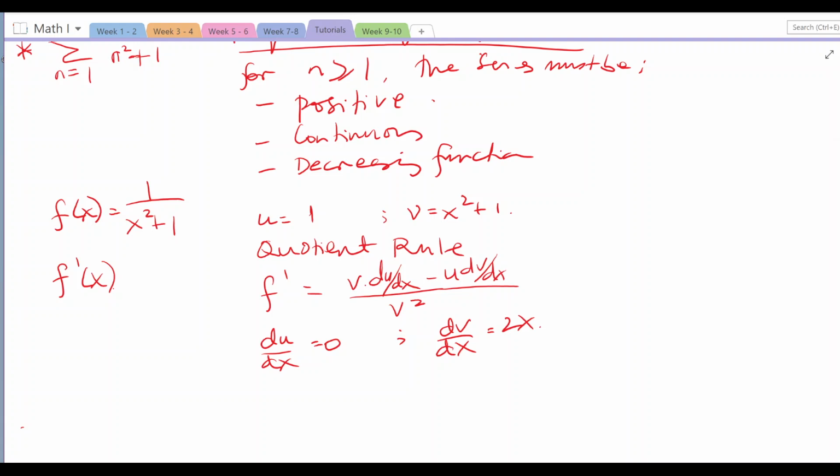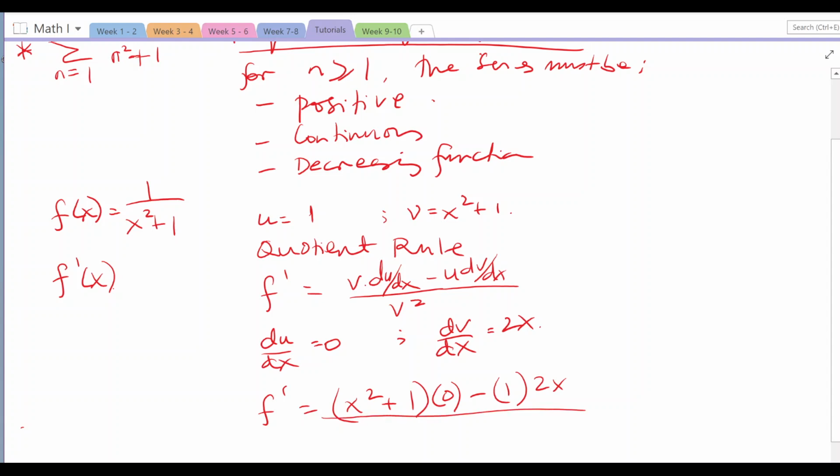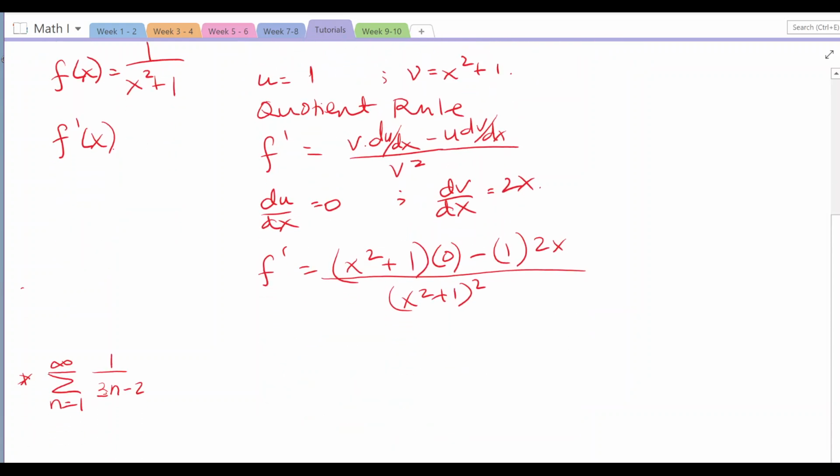Okay, so if we plug it into the derivative, v is x squared plus 1 times du/dx, which is 0, so it becomes 0, minus u, which is 1, times dv/dx, which is 2x, and everything divided by v squared, which is (x squared plus 1) squared. So the first term is 0 because it is multiplied by 0, and the derivative is simply negative 2x over (x squared plus 1) squared, due to v squared.